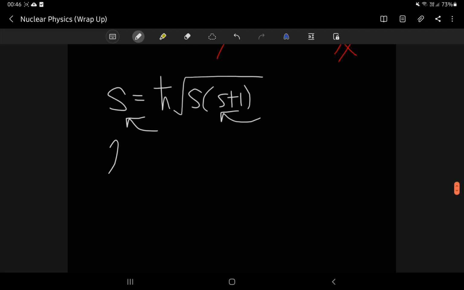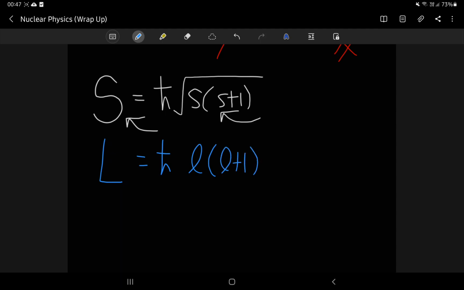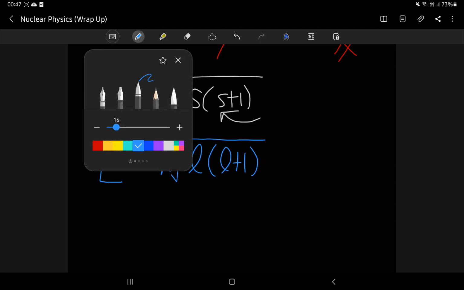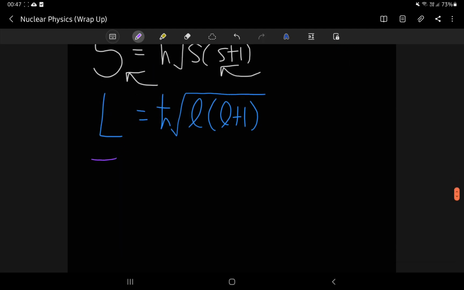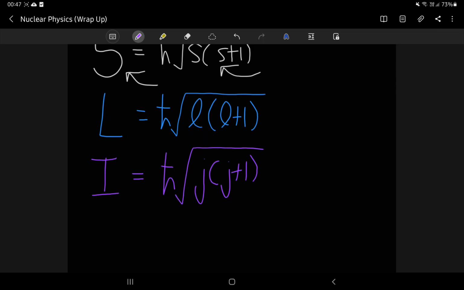And also the orbital quantum number is big L, so this is big S, this is small s, then we have orbital angular momentum is h bar square root of l(l plus 1), and also the total angular momentum is J, is given by h bar square root of j(j plus 1), so j is the total angular quantum number.